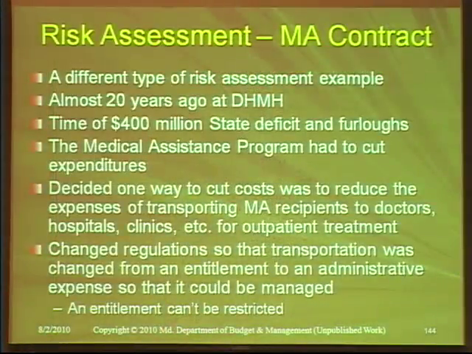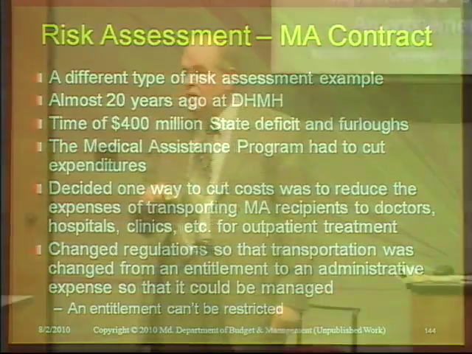The medical assistance program had to cut expenditures. Since when doesn't the medical assistance program have to cut expenditures? They decided that one way to cut costs was to reduce the expenses of transporting MA recipients to doctors, hospitals, clinics, etc. for outpatient treatment. So the first thing the medical assistance program did was to change regulations, because up to that point in time, transportation was an entitlement.